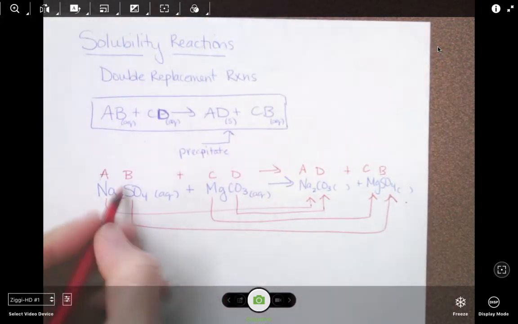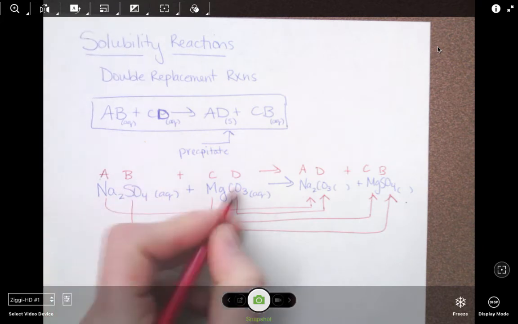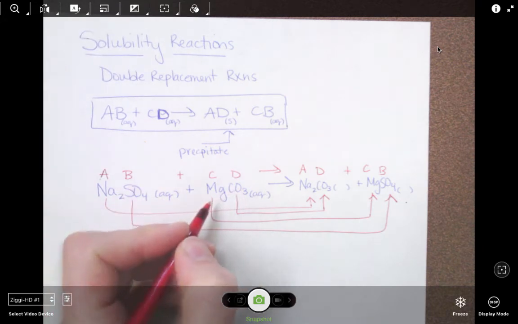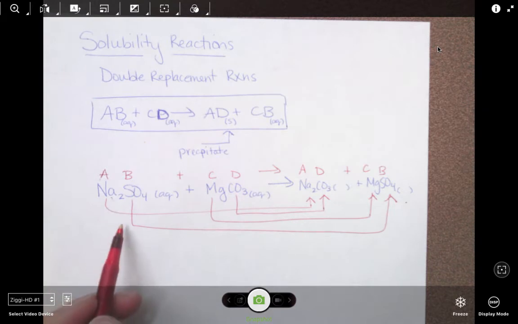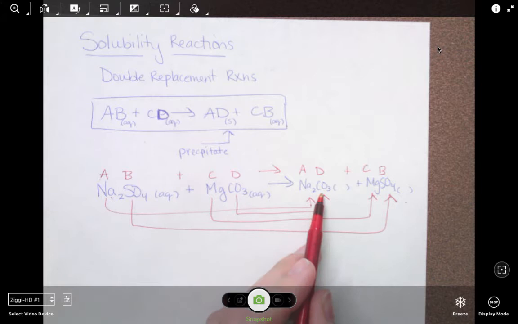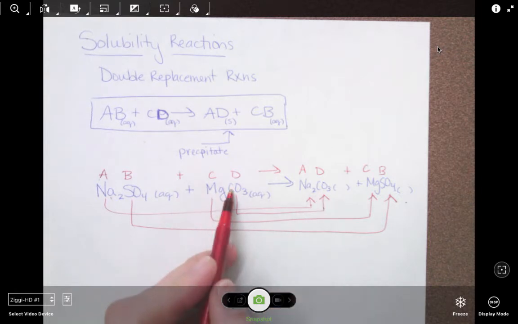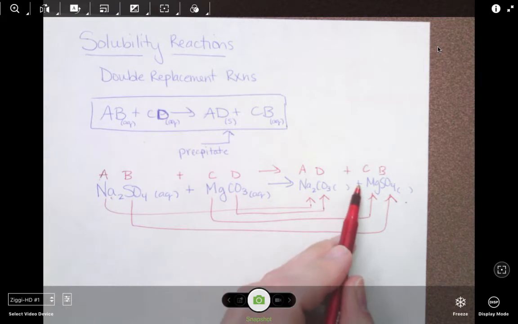And in this situation, sulfate gets a letter, carbonate gets its own letter because they're polyatomic ions. And so they're basically partner switching. So sodium was with sulfate, but it reconnects and combines with carbonate, and then magnesium was with carbonate on the reactant side, but it reconnects with sulfate on the product side.